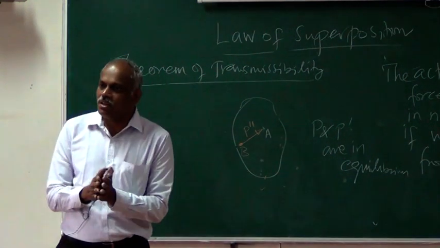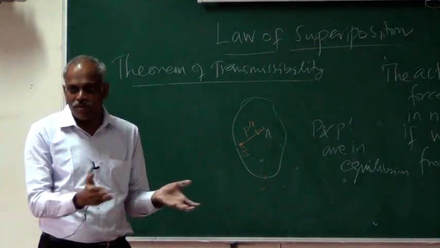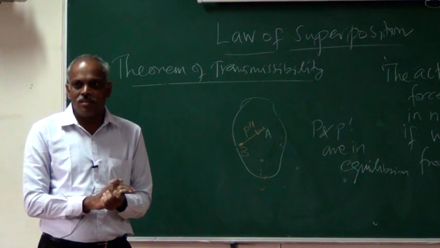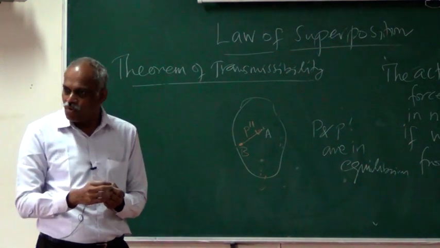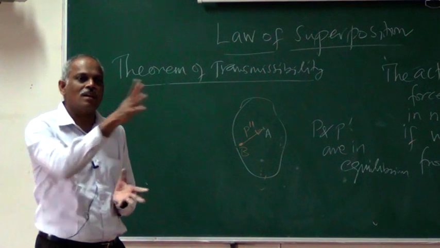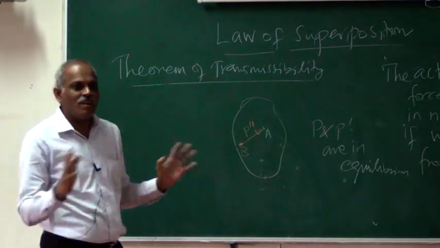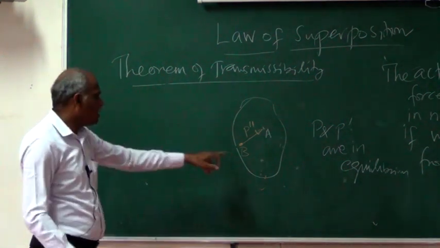That is what the theorem of transmissibility says: the point of application of a force can be moved along its line of action without changing its effect on a rigid body. So that I have proved it.